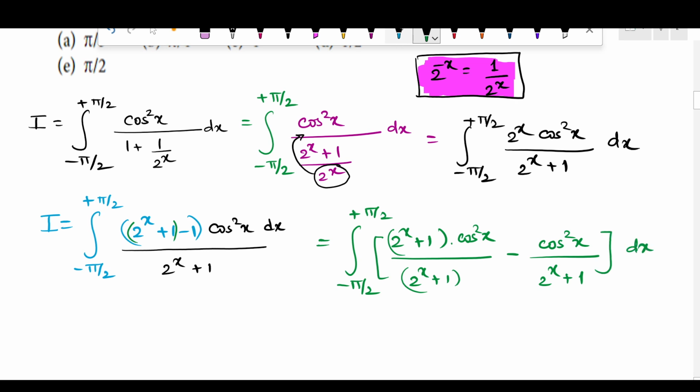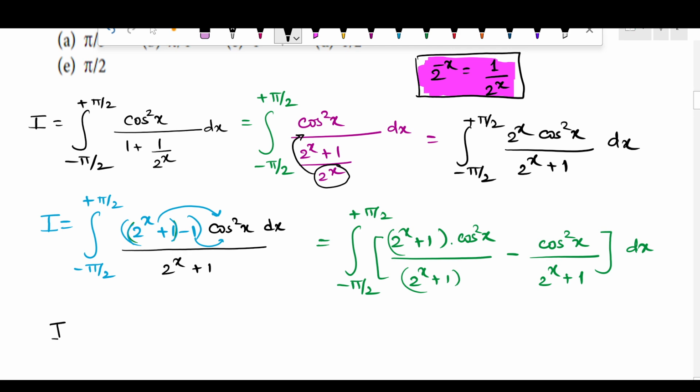Is this step clear to all of you? See over here, this is a separate term, it goes and multiplies with the cos square x, and this will be minus 1 into cos square x is minus cos square x, right?